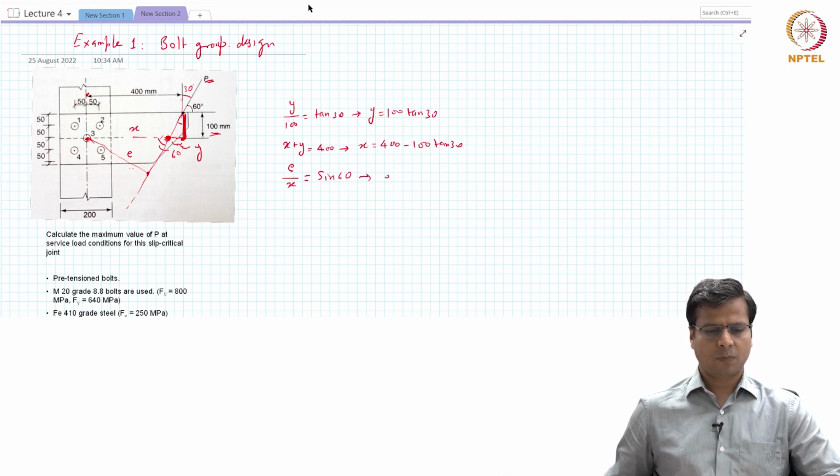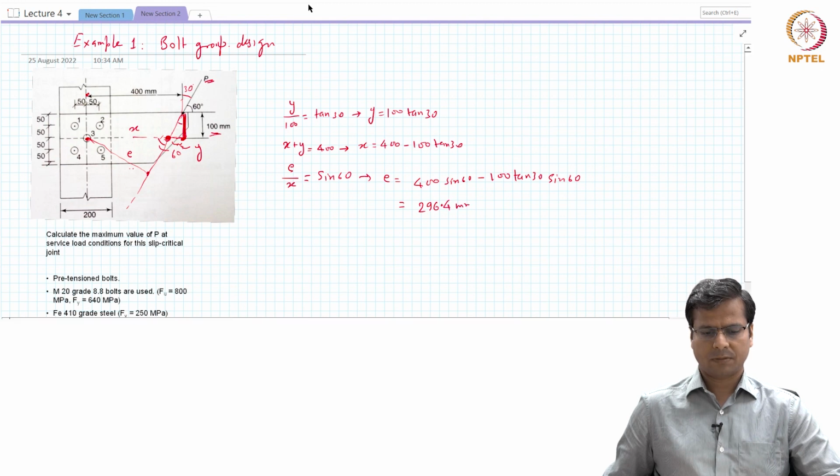Therefore, E will be equal to (400 minus 100 tan 30) sine 60, which we can calculate to be equal to 296.4 millimeters. So the eccentricity is this much, and if the eccentricity is known, we know how much moment is acting.